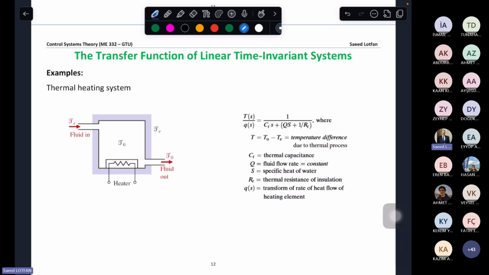So with this example also I want to show that whatever system we have, we can show it as a transfer function of the output to input relationship to model the system as a control system.